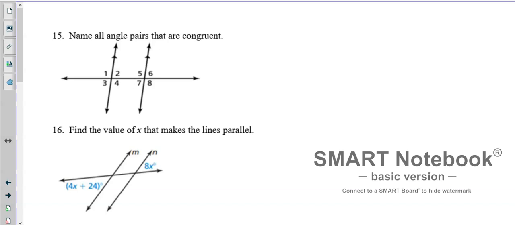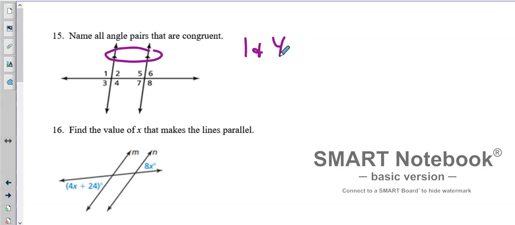All right, name all angle pairs that are congruent. Notice parallel lines. Okay, so some obvious ones, even without parallel lines. Vertical angles are going to be congruent. So 1 and 4 are going to be congruent to each other. And so are 5 and 8, 2 and 3, 6 and 7.